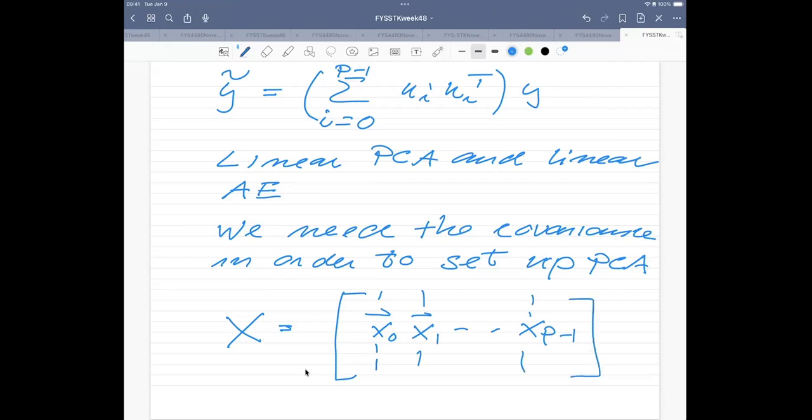And these are the vectors which contain the data sets which we have. And if we look back, one of these single vectors, X of i, transposed, would be given by X0 of i, X1 of i, and all the way up to Xn minus 1 of i.